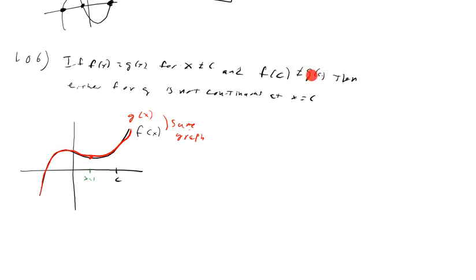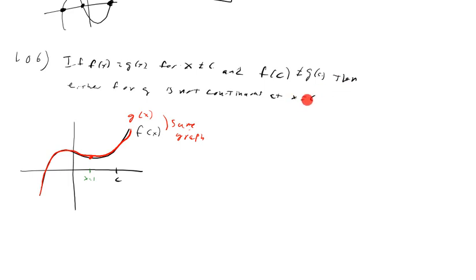So what does that mean? If they're equal everywhere except for C, and at C they're not equal, it's saying that means f or g is not continuous at C. Do you think that's true, or do you think that's false?